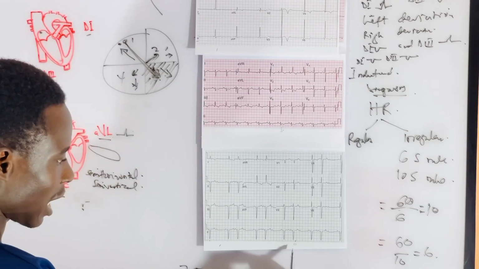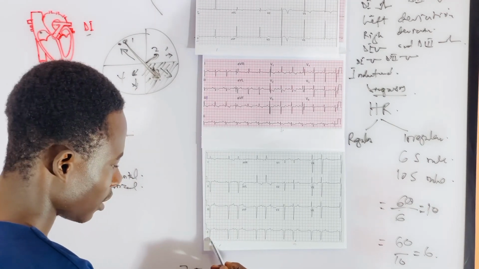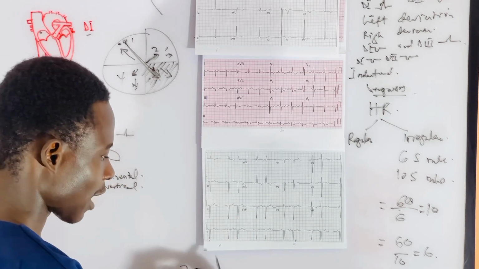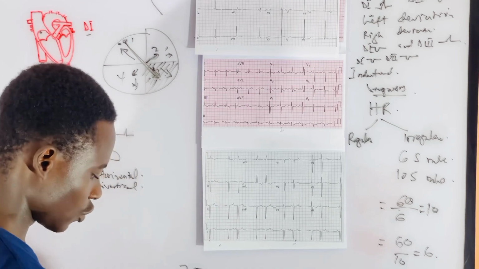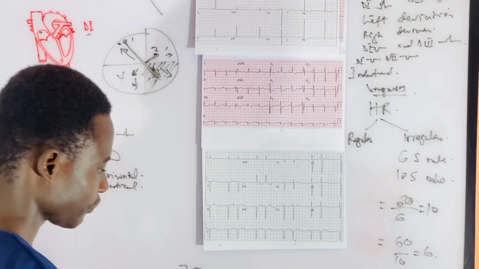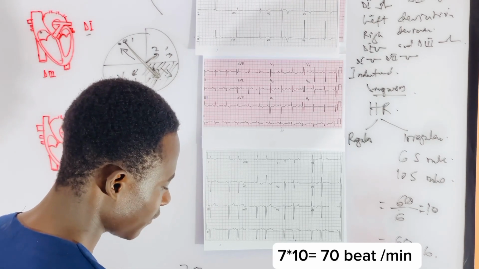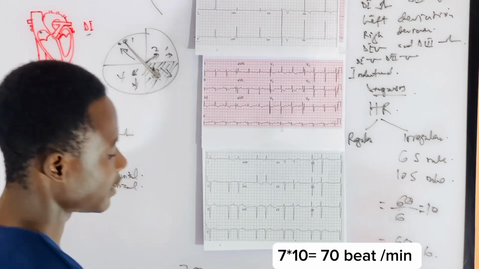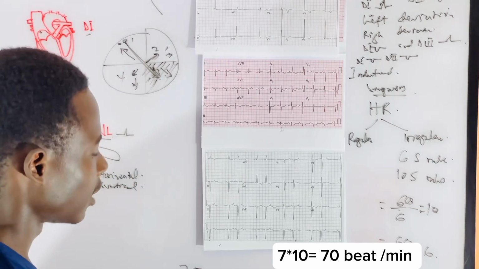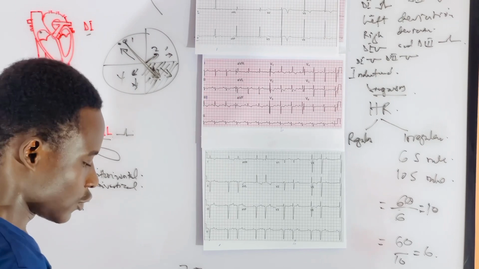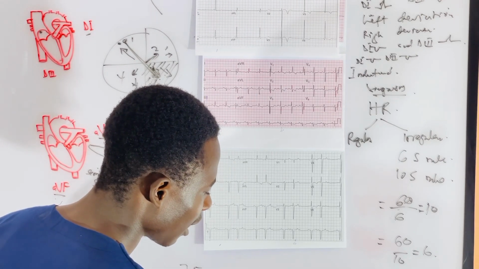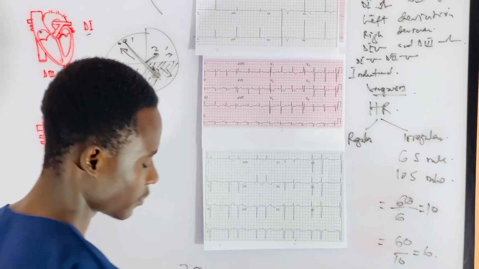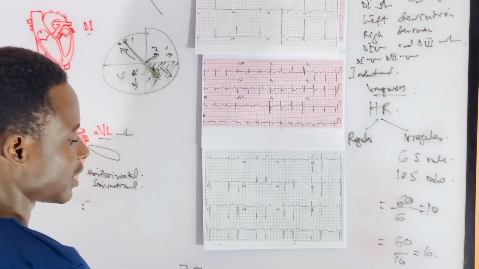At that point, how many R waves do we have? 1, 2, 3, 4, 5, 6, 7. So we have 7 R waves. 7 times 10 gives us 70. So this 70 is our average heart rate.